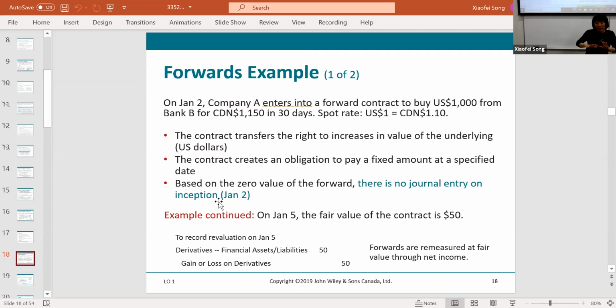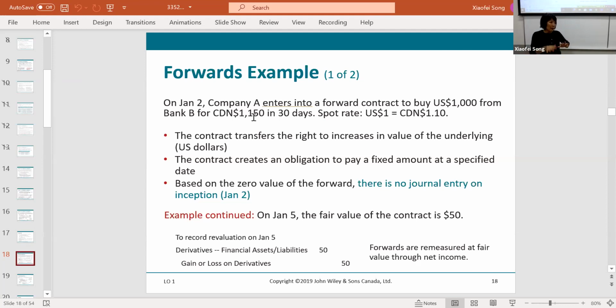So basically, in 30 days, if US dollar is more than 1.15 Canadian dollars, company A is better off. But if it's less than 1.15 Canadian dollars, bank benefits. Make sense? Yeah, because bank has to sell A 1,000 US dollars for 1,150.